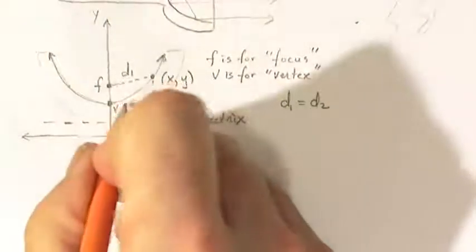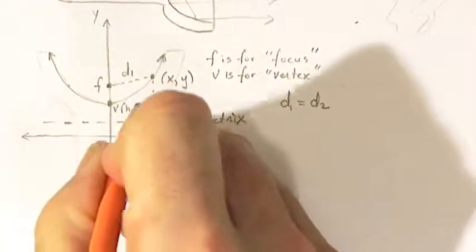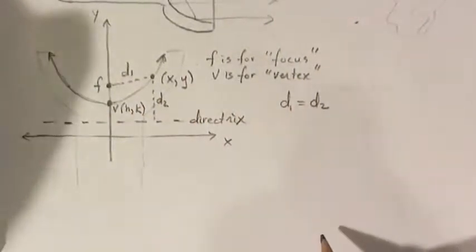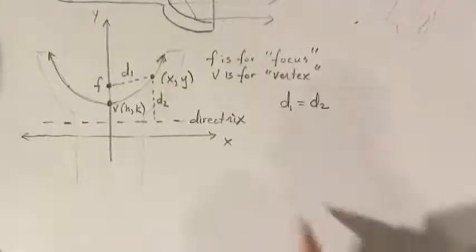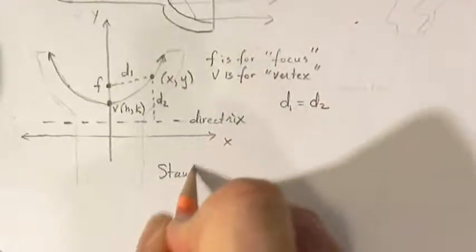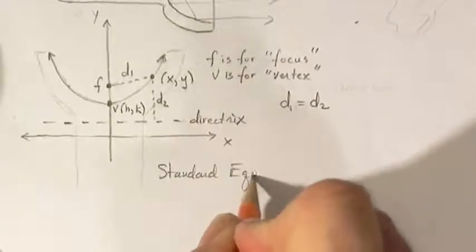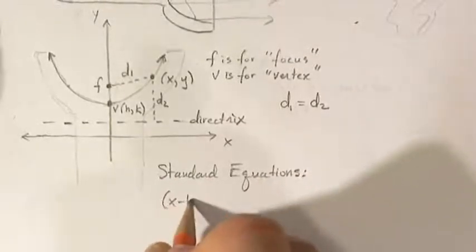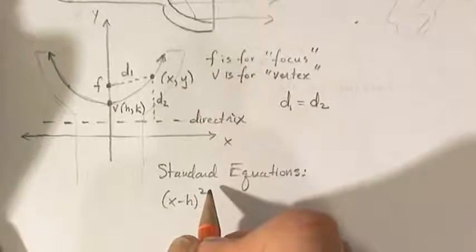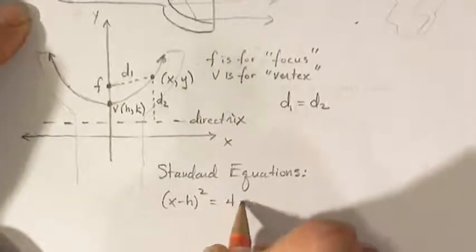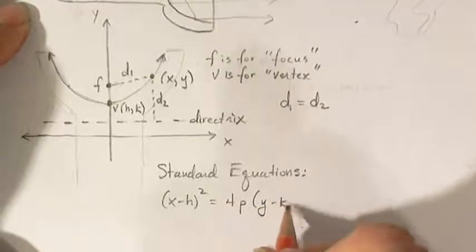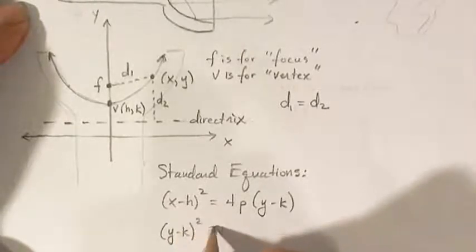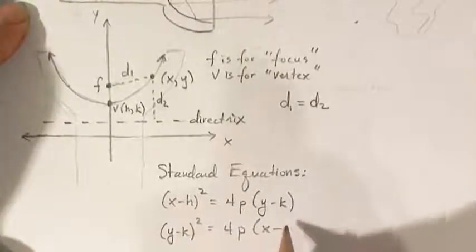So let's just keep in mind that the vertex is located at (h, k), and this allows us to write the standard equations of a parabola: (x minus h) squared equals 4p times (y minus k), and (y minus k) squared equals 4p times (x minus h).